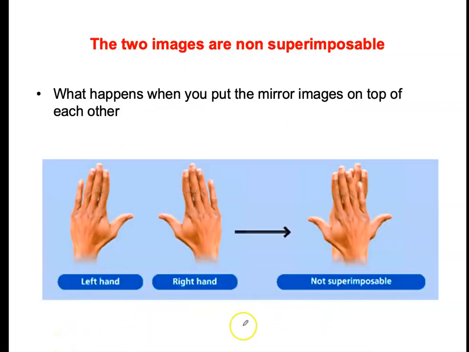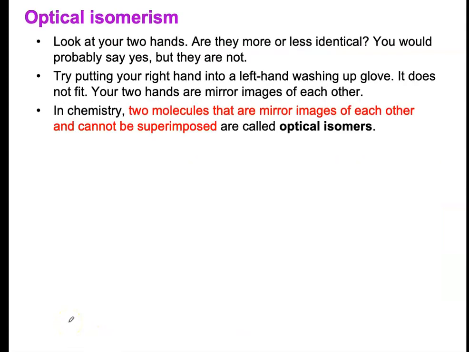Look at this example. This photograph gives you the example of what we mean by non-superimposable. You have to turn the two hands over if you want to superimpose one onto the other. So you have two mirror images which are non-superimposable. Let's move on. So optical isomerism, as I gave you the example, look at your two hands.